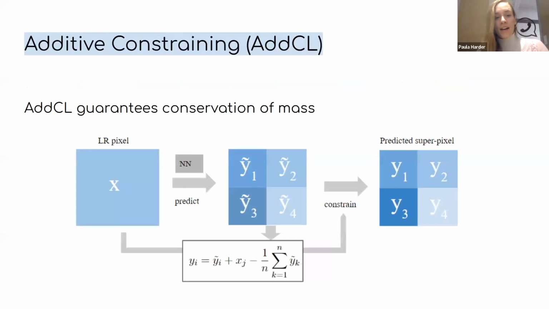So one obvious choice was what we call an additive constraint. We have our input pixel x, that should be xj, and then we get an intermediate output prediction, which we then readjust. And the readjustment we do so by construction. We have this mean constraint again. So if you would input the yi there, the sum would just cancel out and we would end up with xj.